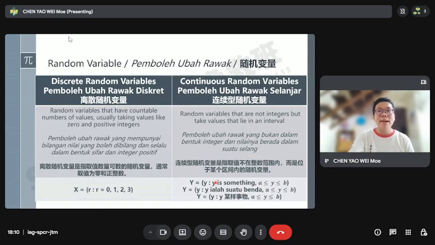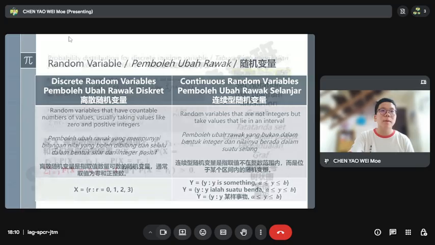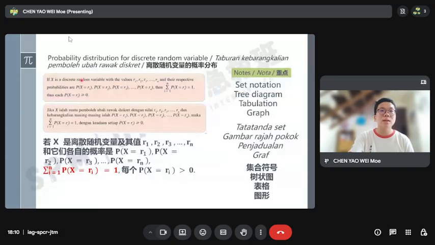And for random variables, we have the formula. If X is a discrete random variable with values A1, A2, A3 until An, and the probabilities, respectively, are P(X = A1), A2, A3 until An. If the sum of P(X = Ai) for i = 1 to n equals 1, it means the total probability equals 1.